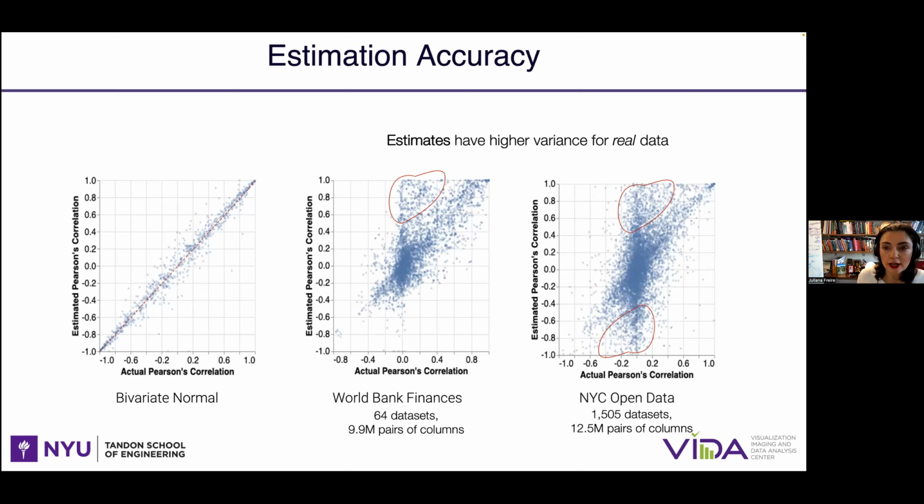When we look at real data, from World Bank and NYC Open Data, we have much higher variance in the estimates. For many points where the actual correlation is 0, right here, you have both overestimates and underestimates.